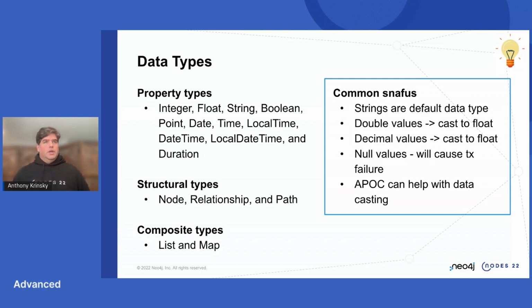So you're going to want to cast those strings to more specific types if you want to be querying them as time or local time or Boolean, points, duration, or integers or floats in Neo4j. So there are some cool functions in the apoc library, which we'll get to.